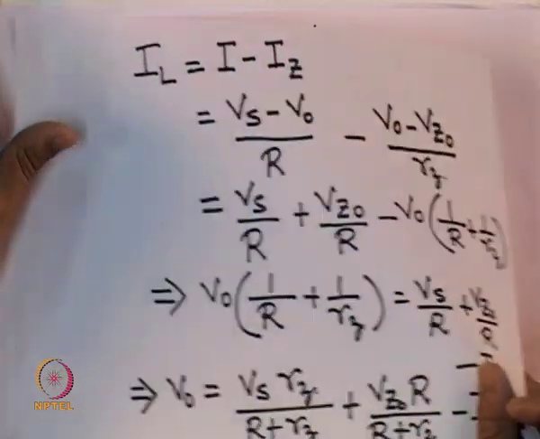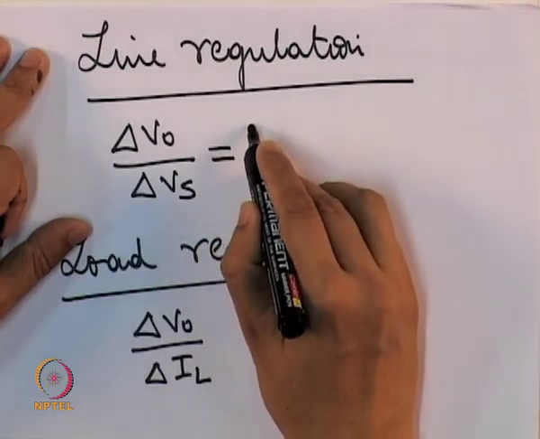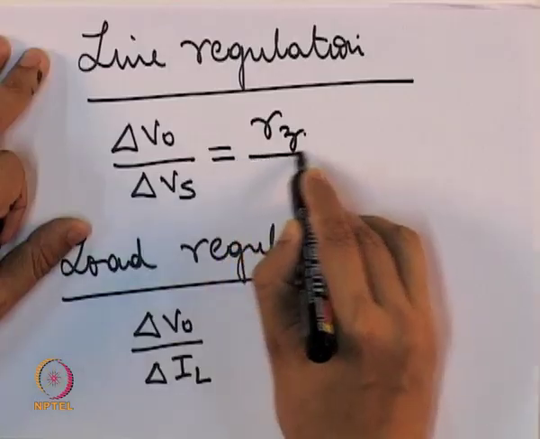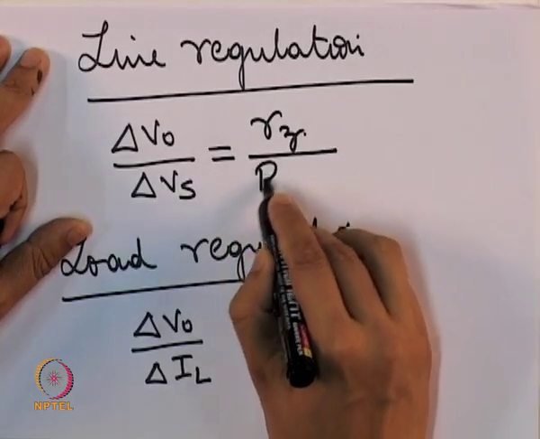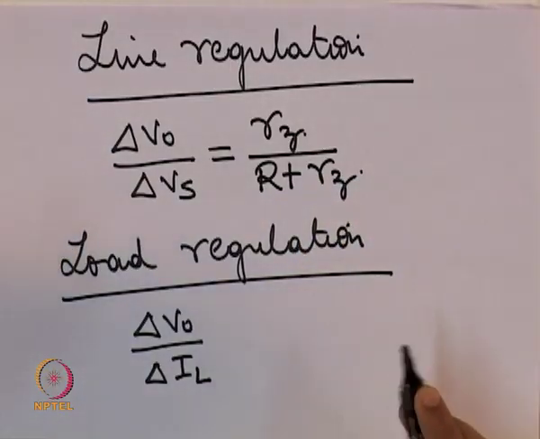So, delta V 0 upon delta V s is R z upon R plus R z.